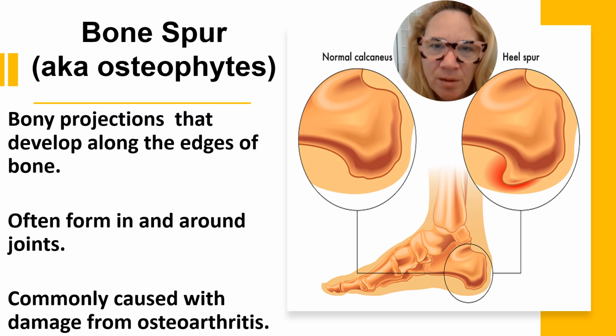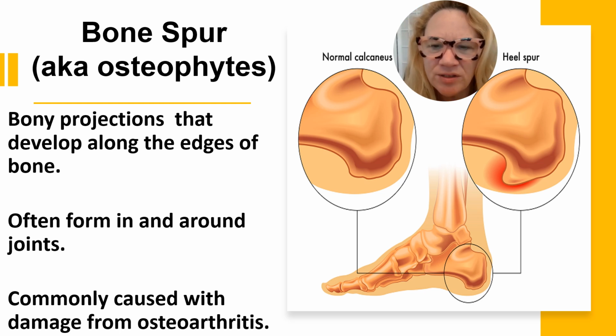And when you have that bone-on-bone with that friction and irritation and pain, that can stimulate new bone growth. I wish it would stimulate cartilage growth, but it doesn't. It really stimulates more new bone growth. And that's how we develop bone spurs, also known as osteophytes.